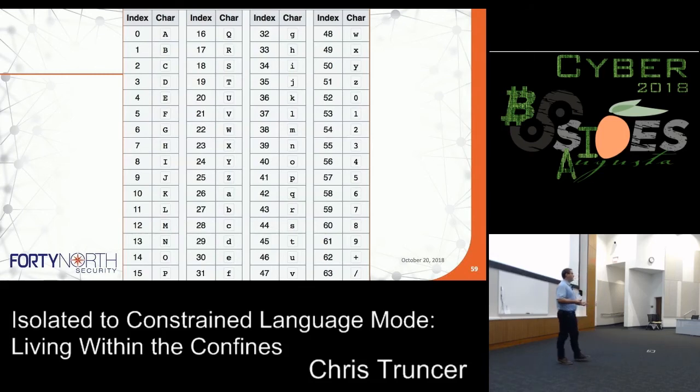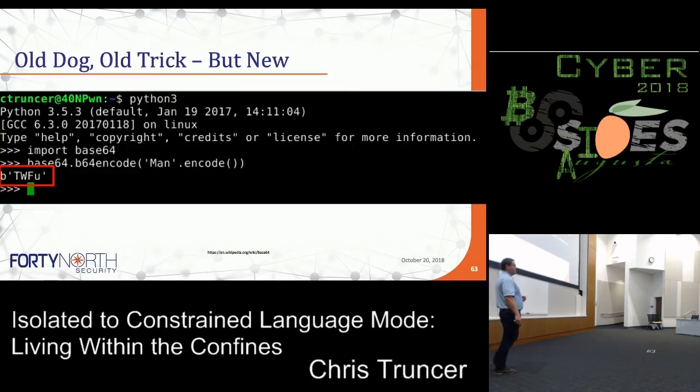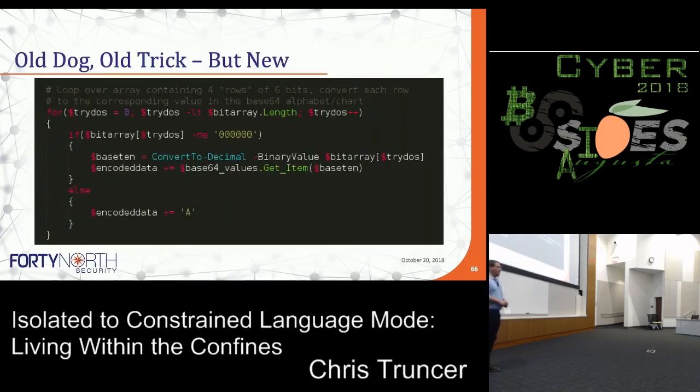You can just arbitrarily assign a different alphabet to each value in Base64. This can sometimes mess up automated analysis tools. So this command line allows you to provide an alternate alphabet for Base64 encoding, and it will validate that it's a valid alphabet, and then you can just start using that.